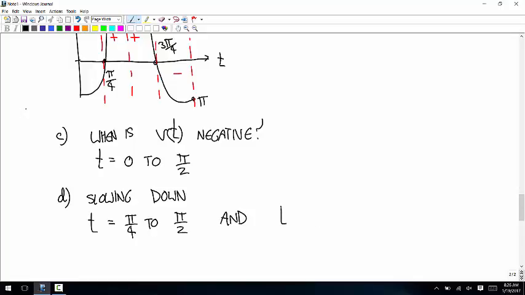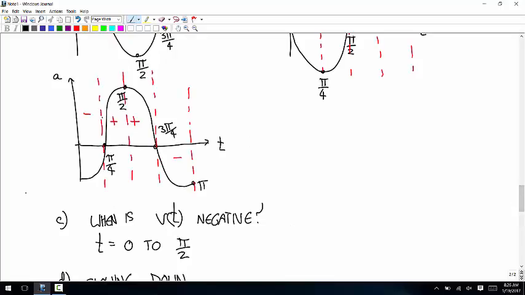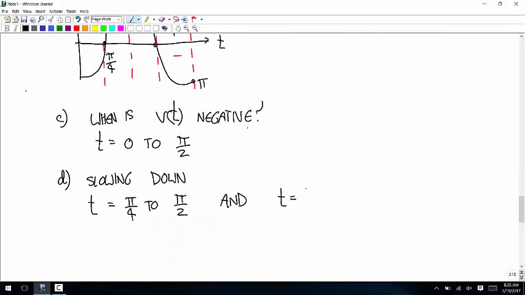And when time is between 3 pi over 4 and pi.